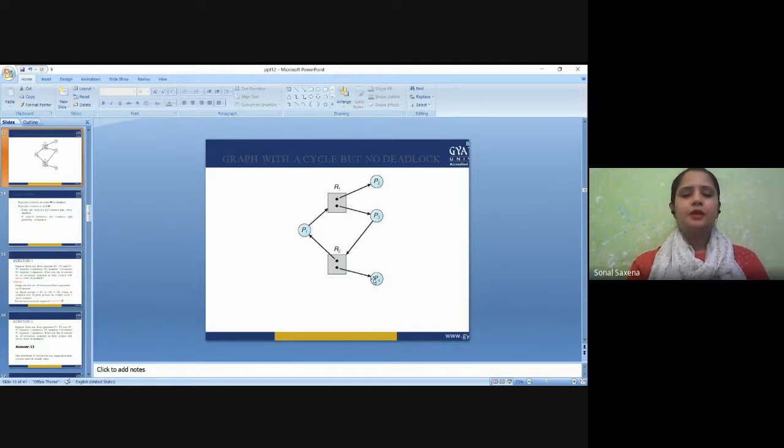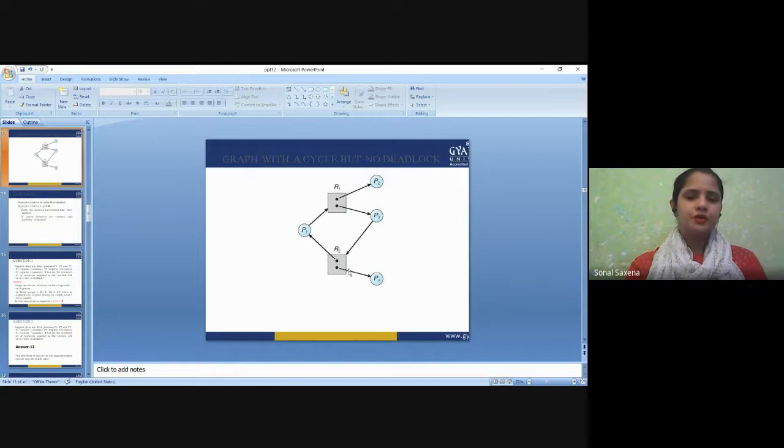Let's say once P4 completes, since P4 is not requesting any other resources, P4 will be executed once it has R2. It will soon release R2 as it has completed its execution. Then this R2 will be given to P3, and when P3 gets R2, it has already got R1, so it will also release its resources.